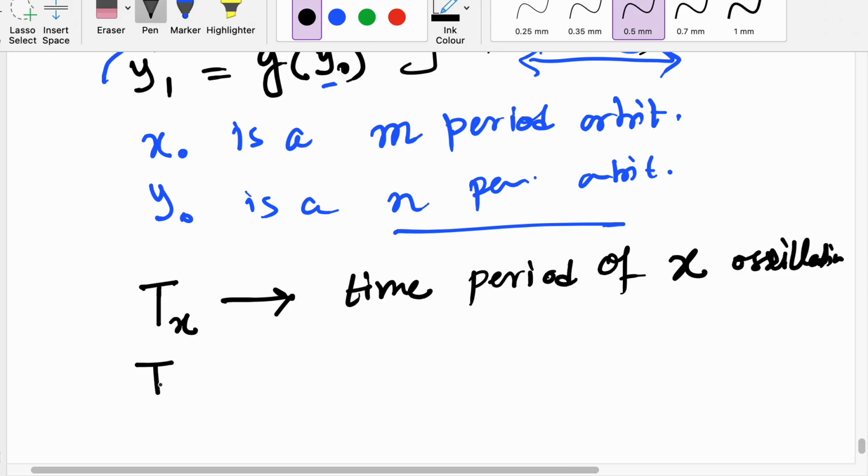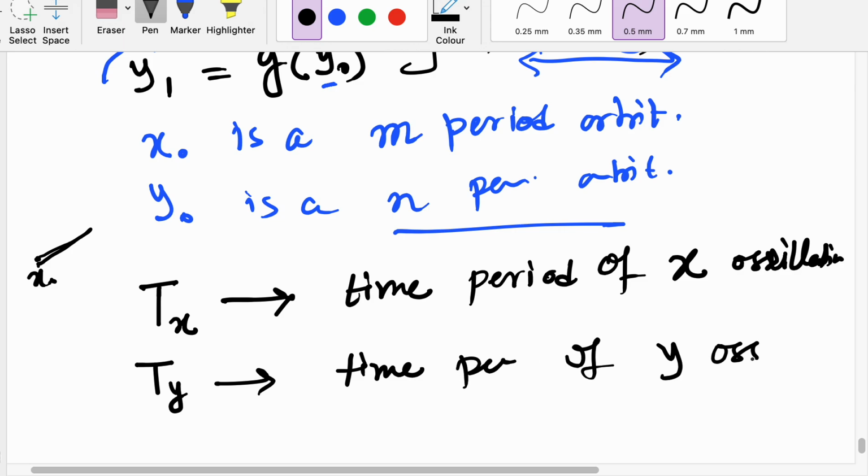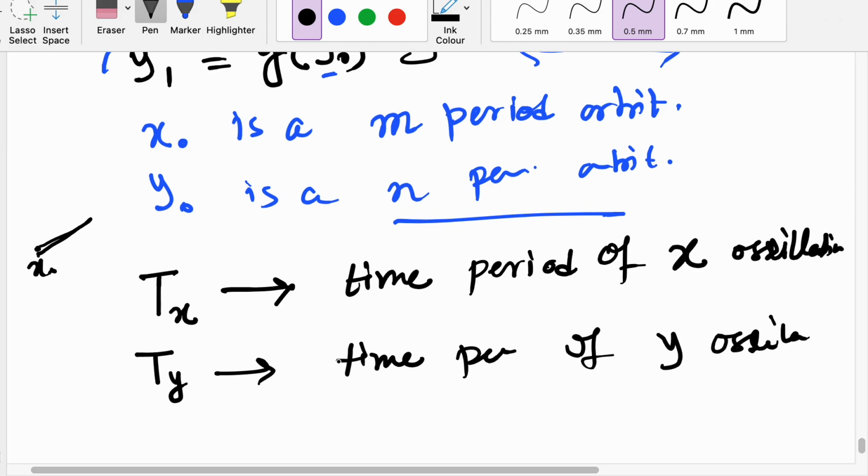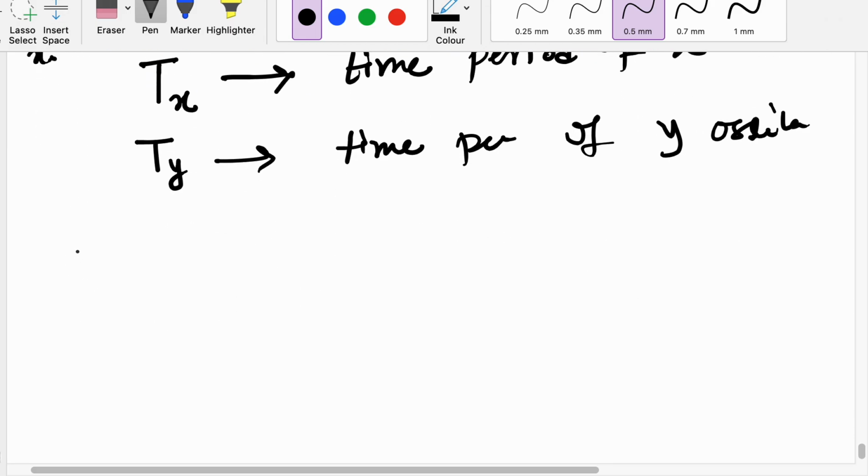If I observe from x0 start and wait tx time, it will return to x0. Similarly ty is the time period of y oscillation. This means y is oscillating, and if I observe from any y and wait ty time, it will return to its same position.